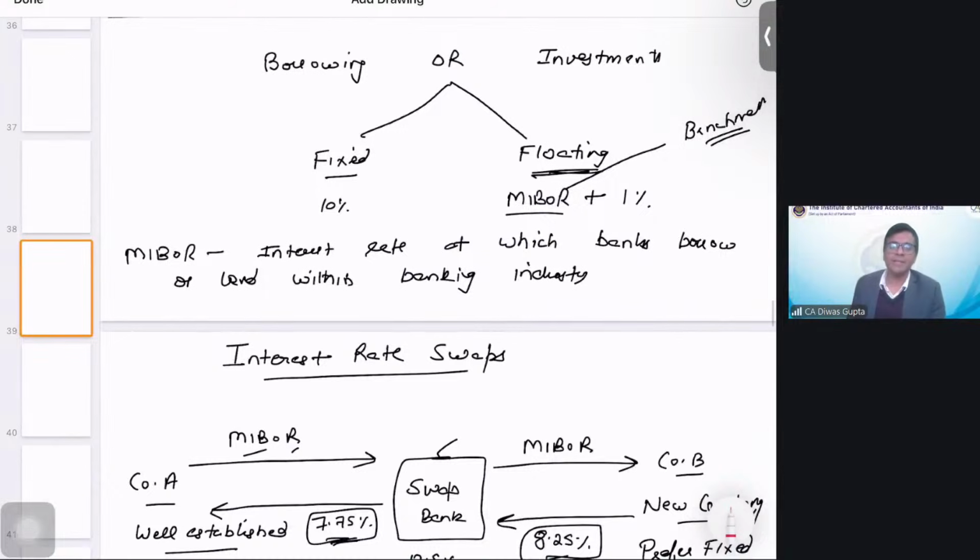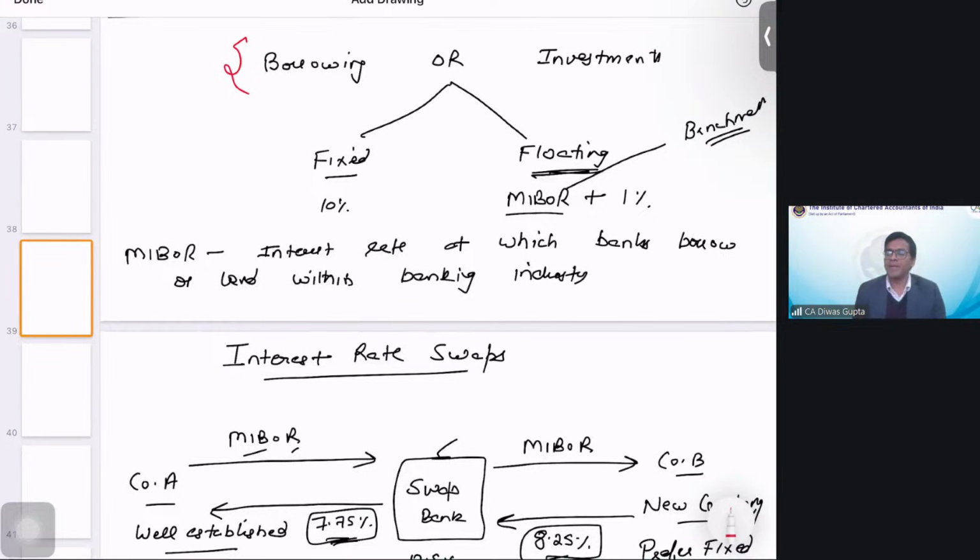Perfect. Now, this is something that I want all of you to understand from a normal concept. For example, any borrowing or investment, students, that happens in the market, it can happen in two different ways. One, it can happen at a fixed rate of interest.